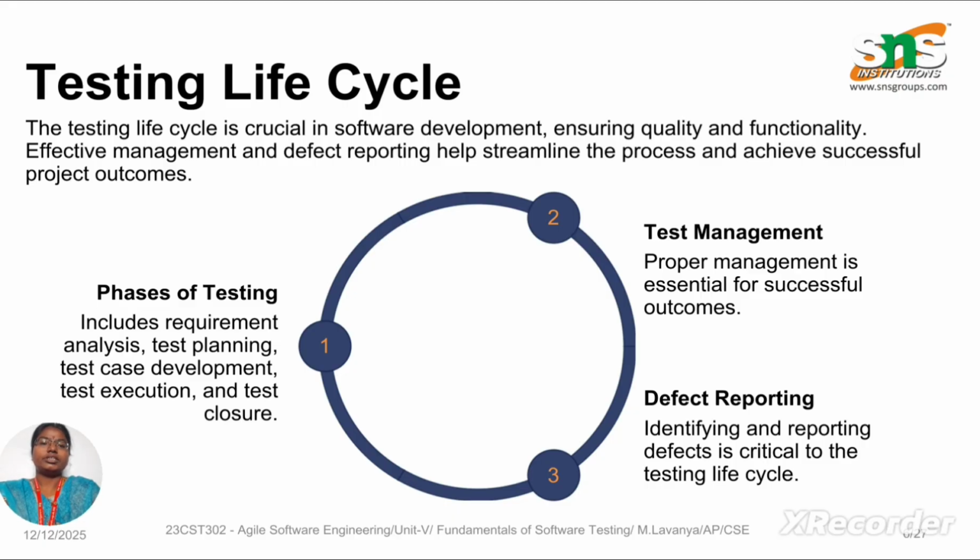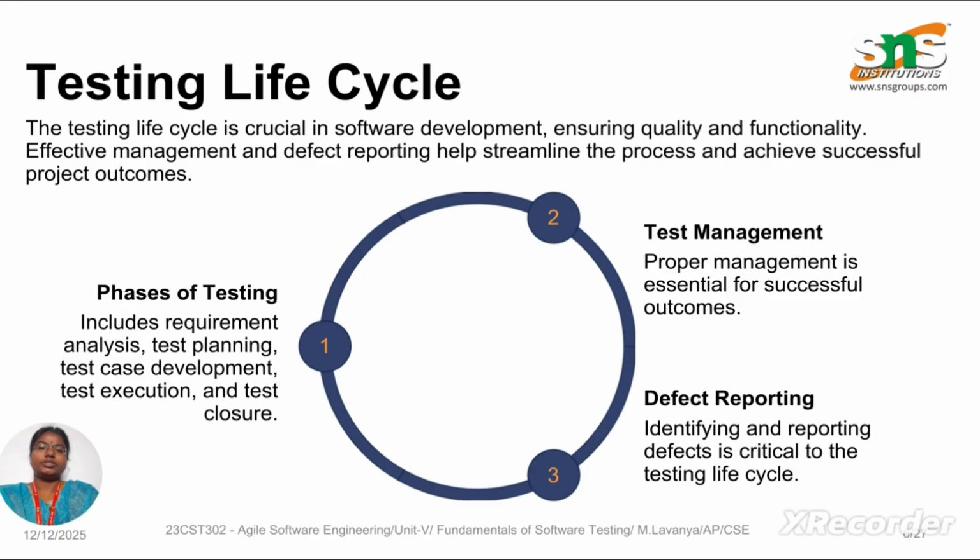The software testing life cycle is for managing the software, and in this we must ensure that the developed software is functioning correctly, that the quality of the software is good, and that the software is error free. This is the main goal of the software testing life cycle. And the software must attain the project outcome; that is also to be ensured.